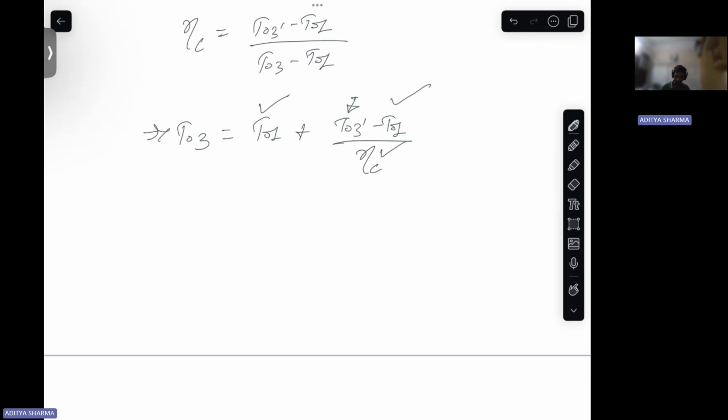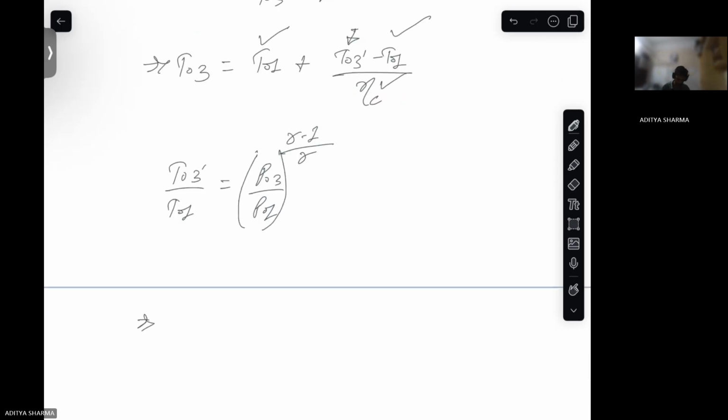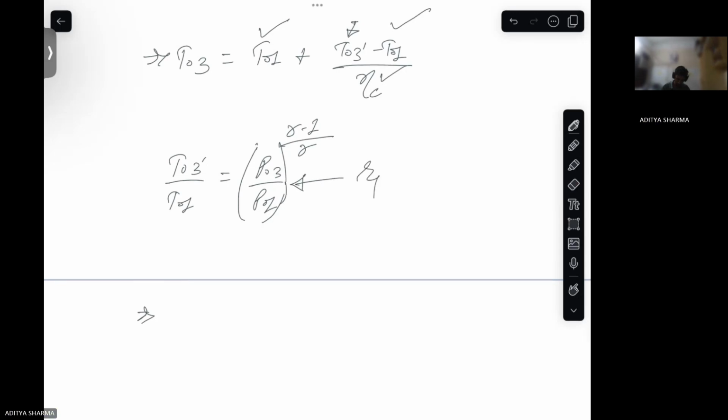No. But we can calculate it using isentropic relation. This whole ratio is RP basically.